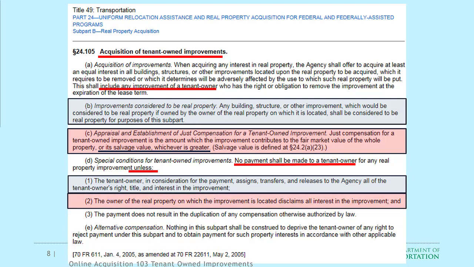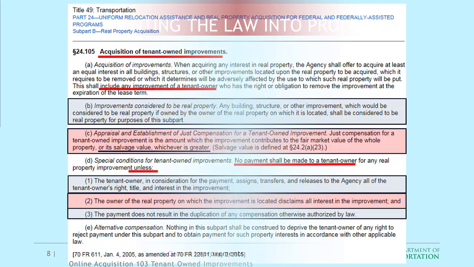The owner of the real property on which the improvement is located disclaims all interests in the improvement. That's what is known as the RE 56, the disclaimer form. The payment does not result in a duplication of any compensation otherwise authorized by law. So those are the items that we need to keep in mind when we're looking at compensating tenant owners.